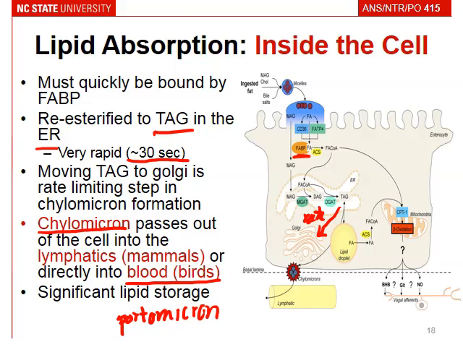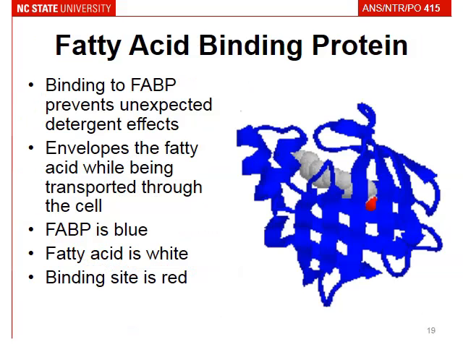And notice here we have this lipid droplet. So these enterocytes have a significant amount of lipid storage that they are capable of also. So what is this fatty acid binding protein, and why do we need it? Our fatty acid binding protein is used to prevent unexpected detergent effects. So detergents are really bad to form.